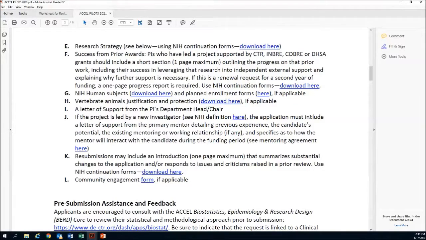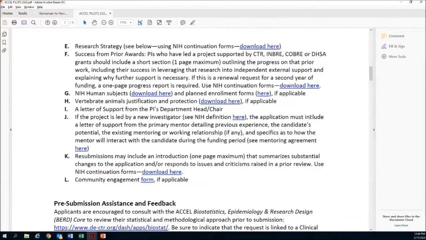So if you had prior support, the next group wants to know, well, what did you do with that? Because we don't want to be seen by NIH as just running a laboratory based on jumping around from one pilot grant mechanism to another one. Okay, so that was my question.